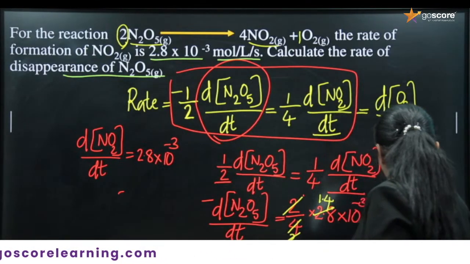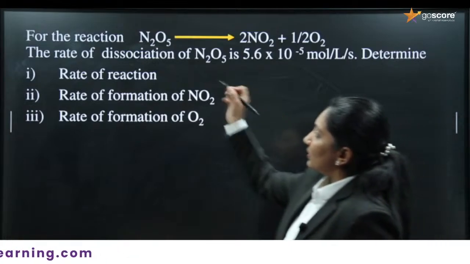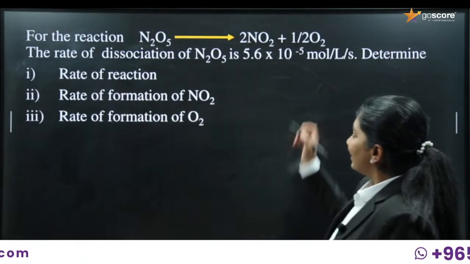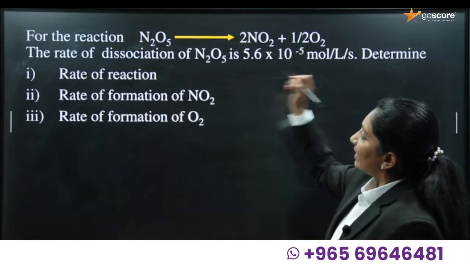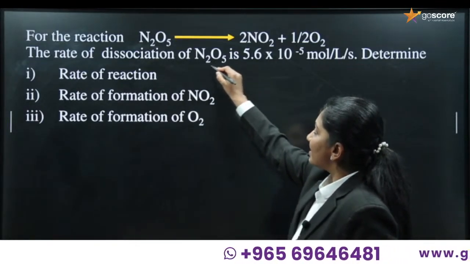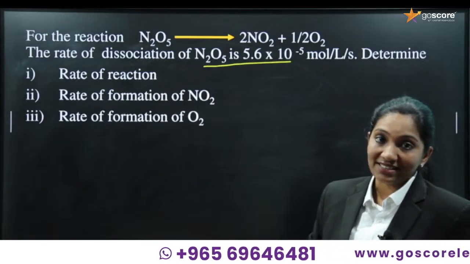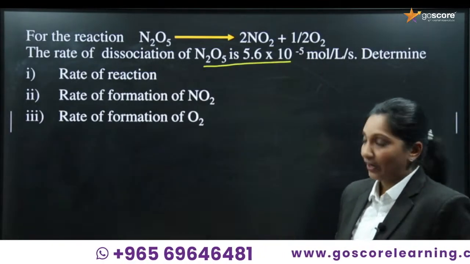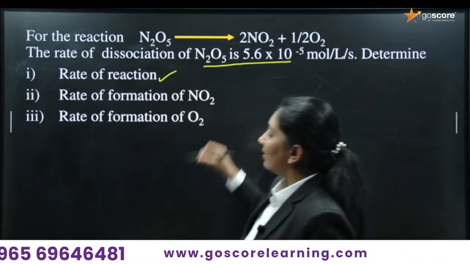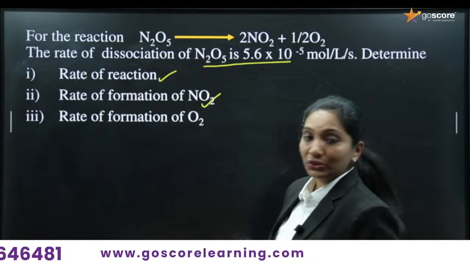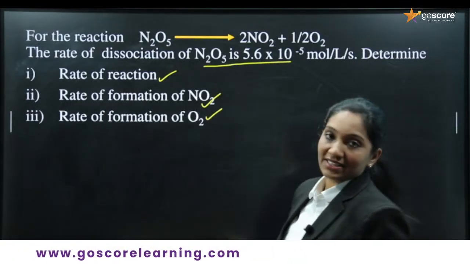Okay. Check it. For the reaction N2O5 giving 2NO2 plus half oxygen, the rate of dissociation of N2O5 is given in the question as 5.6 into 10 the power minus 5. So you want to determine the rate of reaction, the rate of formation of NO2 and the rate of formation of oxygen.